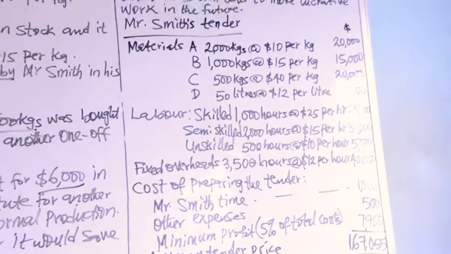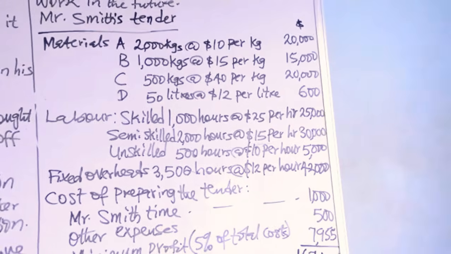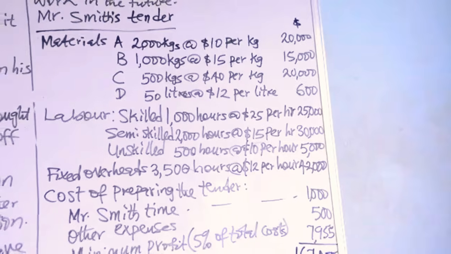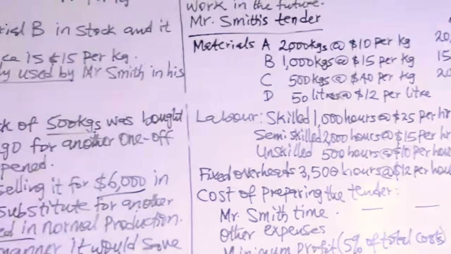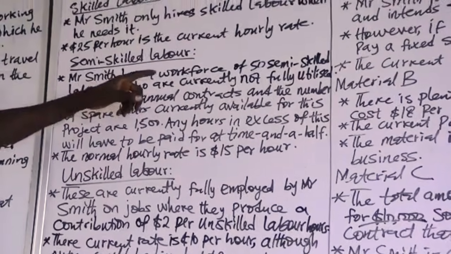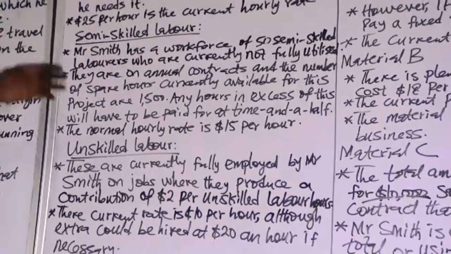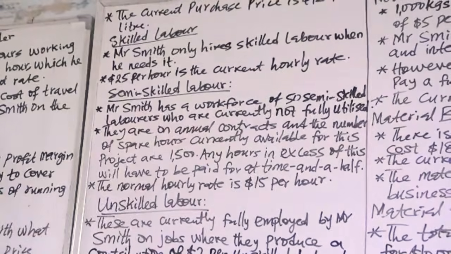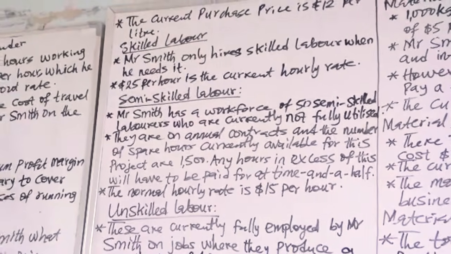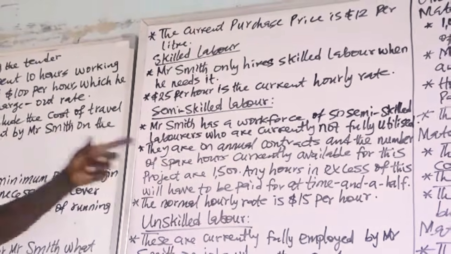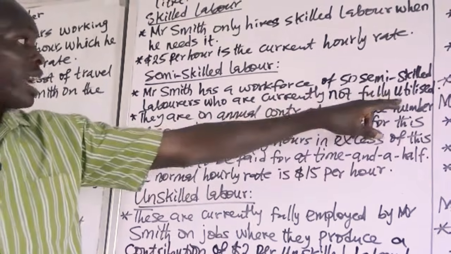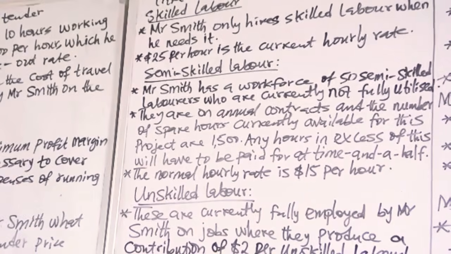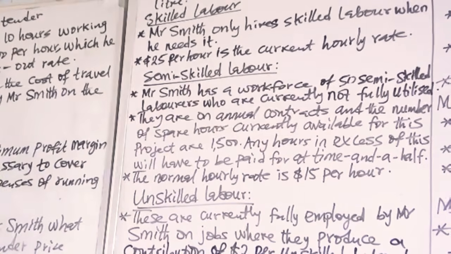By way of note, Mr. Smith has a workforce of 50 semi-skilled laborers who are currently not fully utilized. Since they are not fully utilized, that shows they are full-time workers, and those people will receive salary.